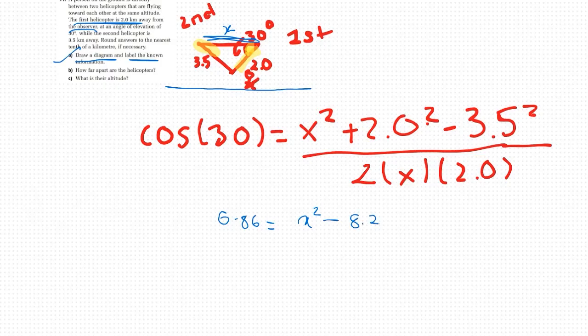8.25 upon. If I distribute, it would be 2x into 2x plus 4, 2x into 2, so 4x. So now what?